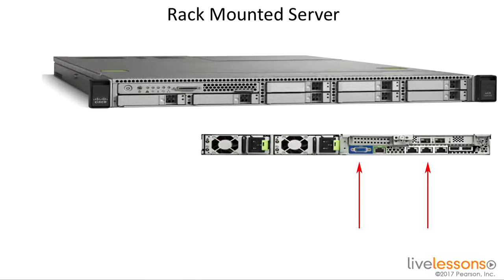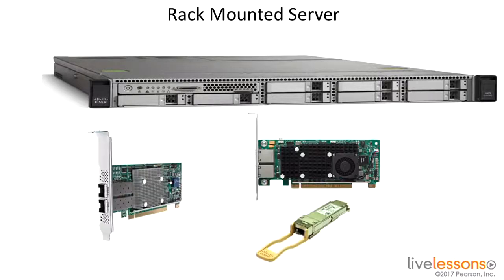And I can also see that I can add things to a rack mount server very easily, because I've got a little bit of extra space inside that server to be able to add things like PCI devices such as network cards or maybe a video card or something to that effect. In servers, I have the capability to plug in additional adapters like we were just talking about.